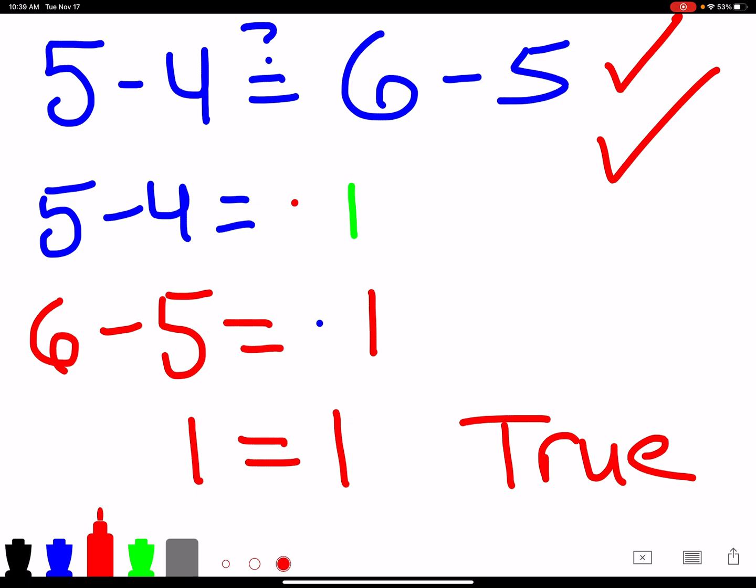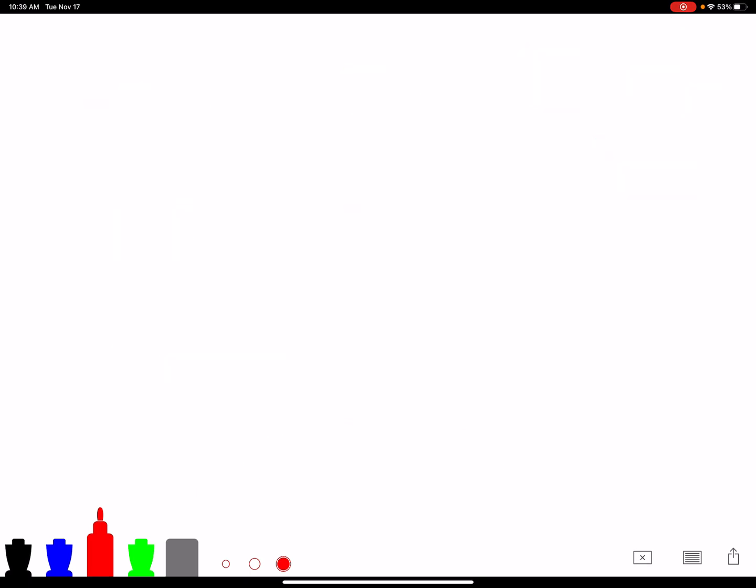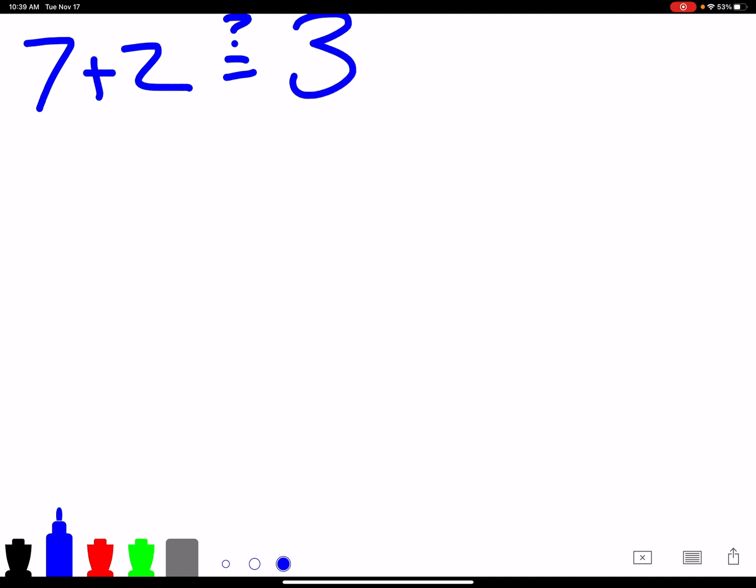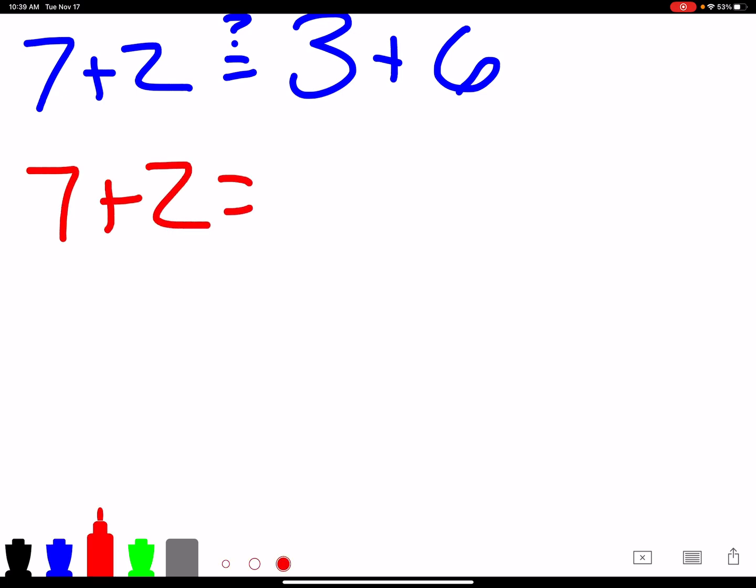Let's try another problem. So we have 7 plus 2 equals question mark 3 plus 6. So we're going to try to figure out if these match up. Let's check our work on the first one. We have 7 plus 2 equals how much?